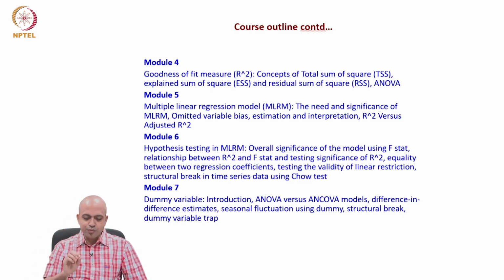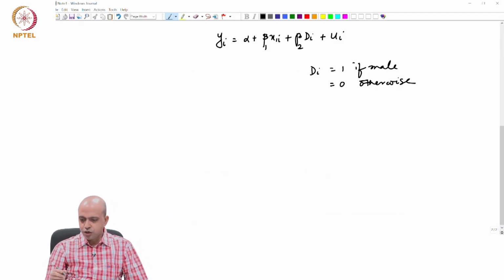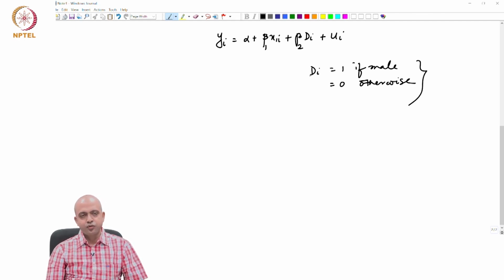Then we will discuss the dummy variable trap, a rule which says that while assigning dummy variables, you should include one dummy variable less than the number of categories. For example, here the number of categories is 2, male and female, and I have assigned only one dummy.